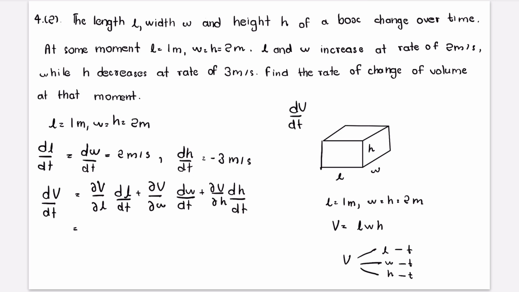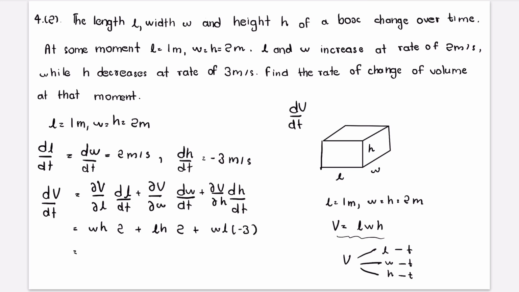So ∂V by ∂L, we don't know that, right? When we differentiate V for only L, we will get W and H. So dL by dt is given as 2, plus when we differentiate only W, we will get L and H, and dW by dt is 2, plus when we differentiate for H, we will get W and L, which is minus 3.